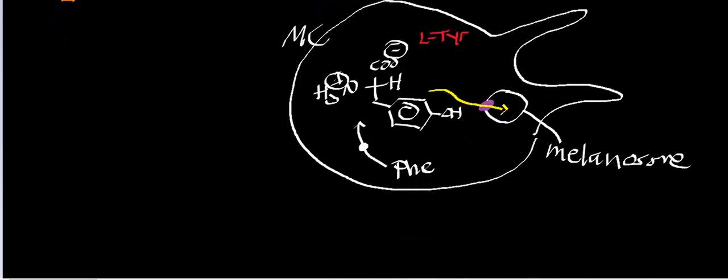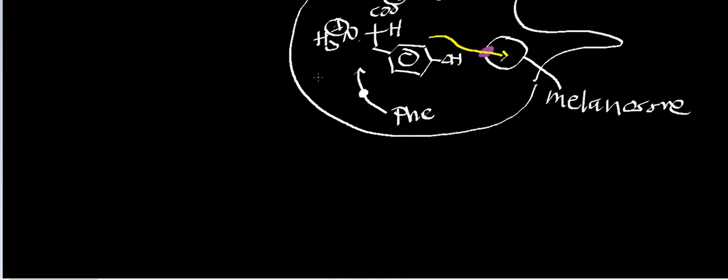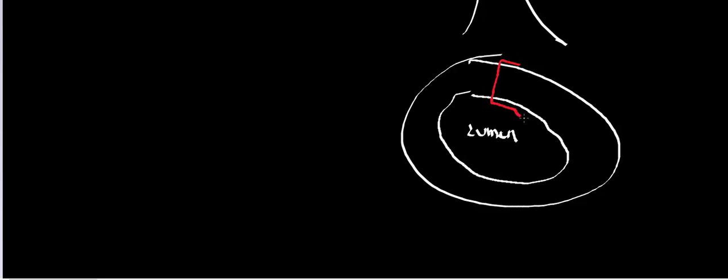So I'm going to blow up this melanosome, that organelle inside the melanocyte. Here's the melanosome, and we'll look at this in more detail in other videos. So in here, this is the lumen of the melanosome. And embedded in the membrane of the melanosome, you have the enzyme tyrosinase.